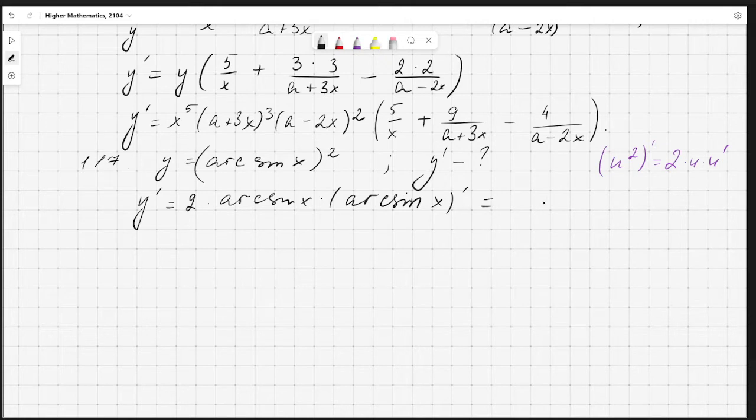Arcsine prime is 1 over square root of 1 minus x squared. You have 2 arcsine of x over square root 1 minus x squared. Is it clear? Yes. 119.